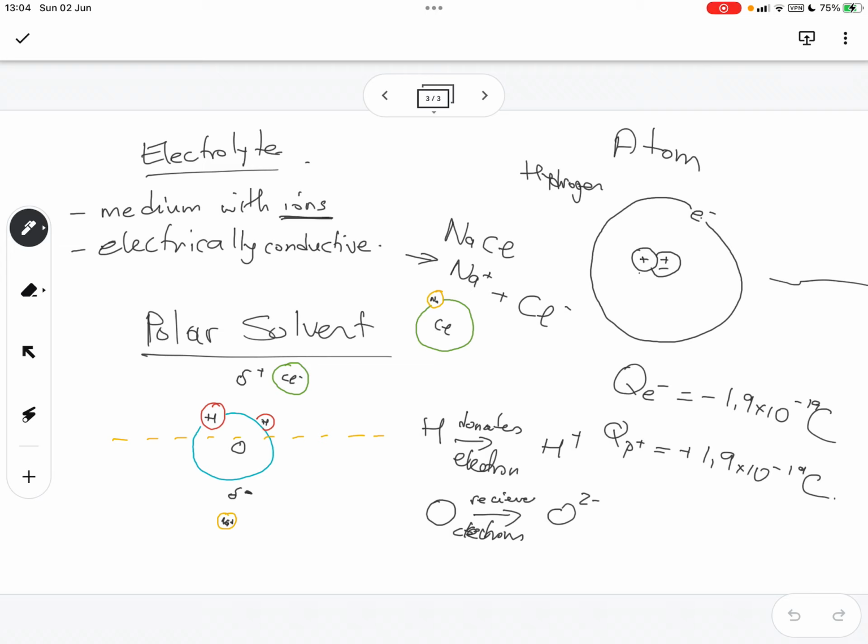Think of a magnet, one north, one south. The opposite poles attract, and the like poles repel.